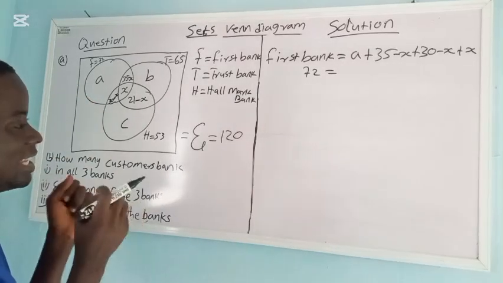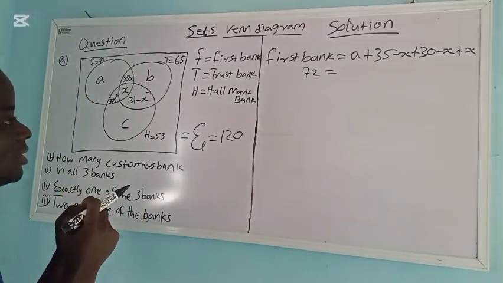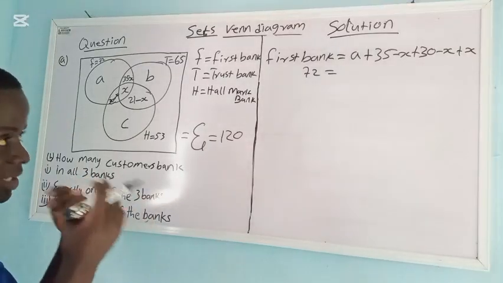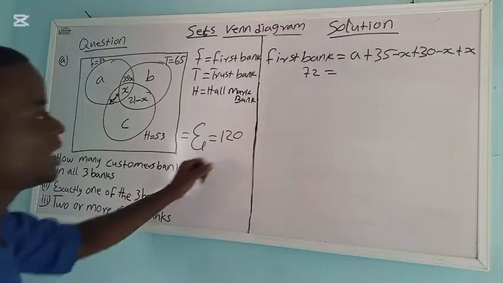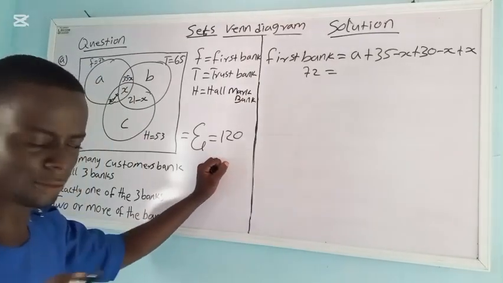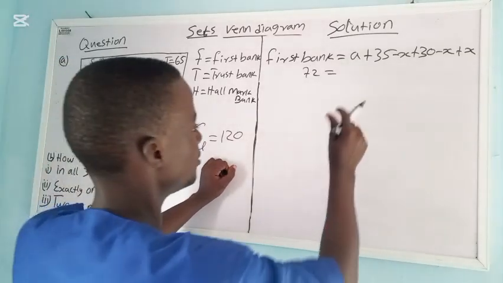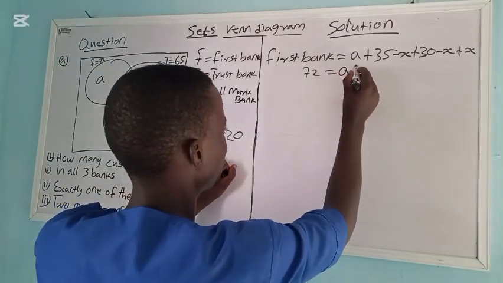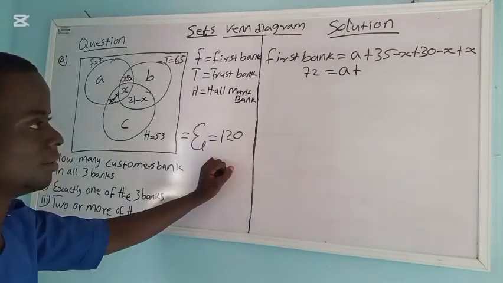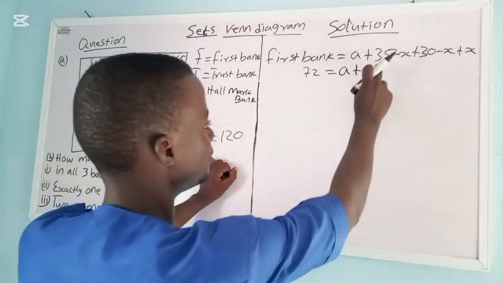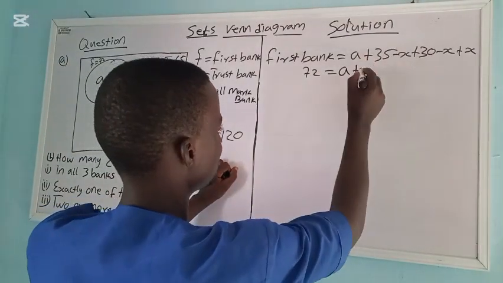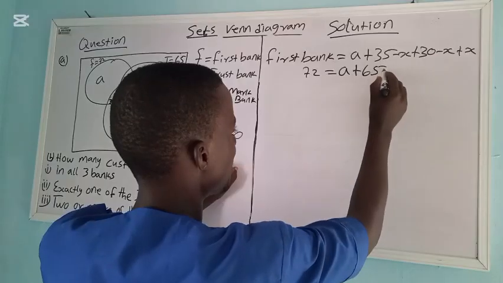This is for exactly the people that use only the first bank. So I want to bring it back. Please follow me and pay attention. Now we have A plus, let's look: we have 35 and 30, which is 65.